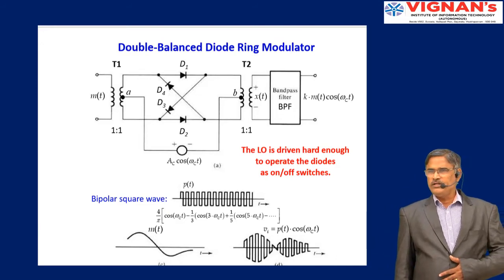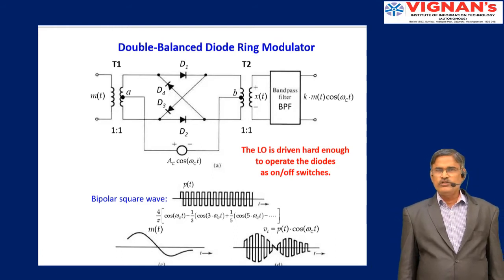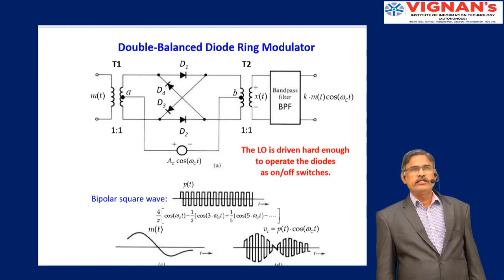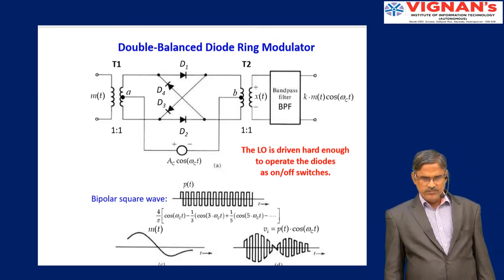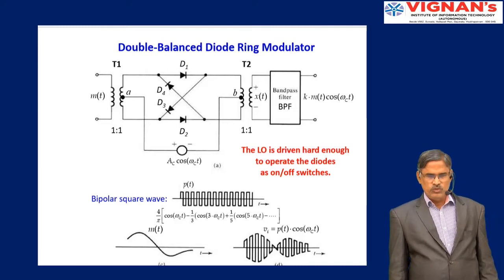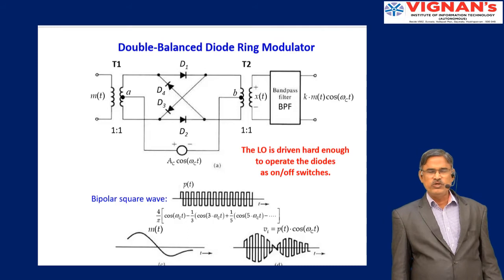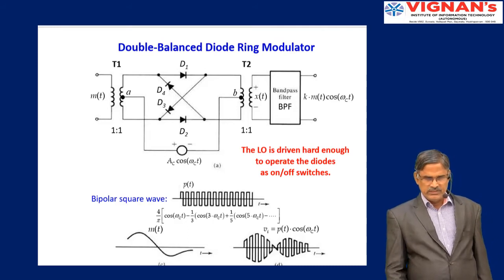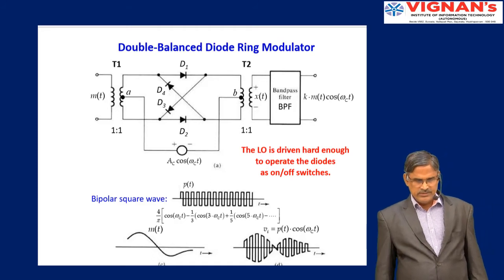Why is it called double balanced? In the previous one, at the output you get the message signal and the product signal. This circuit gives you only the product signal. It cancels both the carrier signal and the message signal, suppressing both message and carrier. So it is called a double balanced or double suppressed modulator.